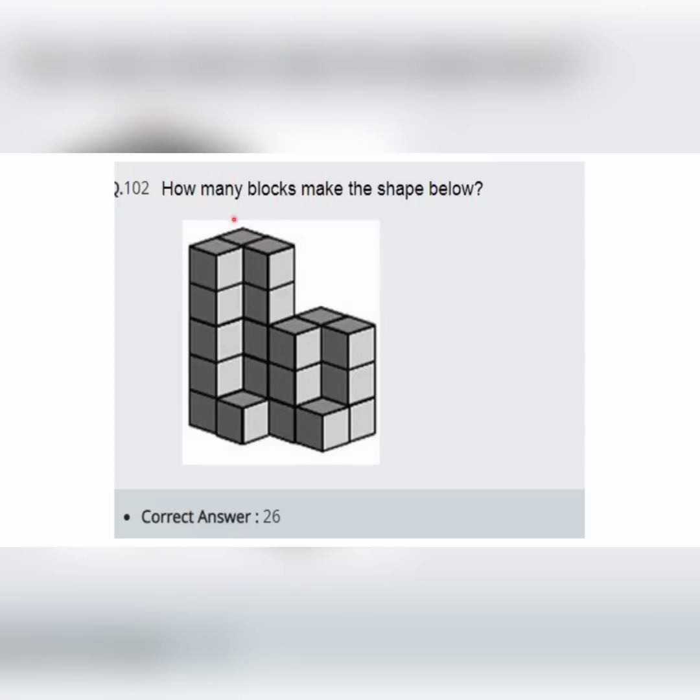These 3 sections are identical, so 5 into 3, 15. 15 blocks are okay. Then here it is 16, then 17, 18, 19, 20, 21, 22. Then 23, 24, 25. Then this 26. Okay, it's easy.